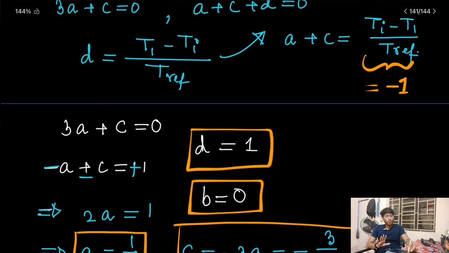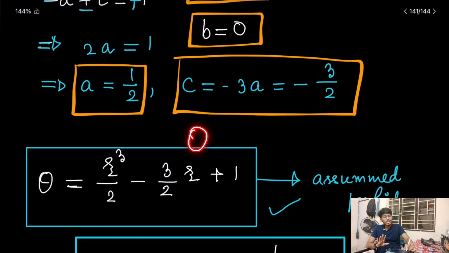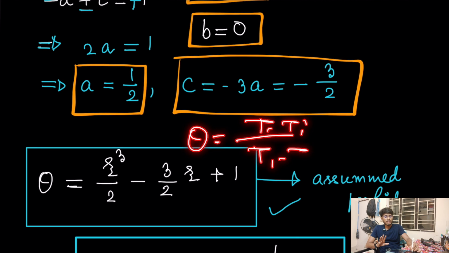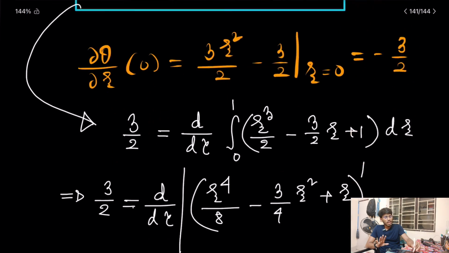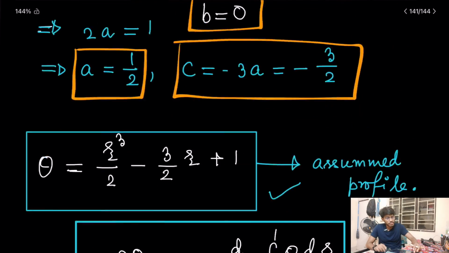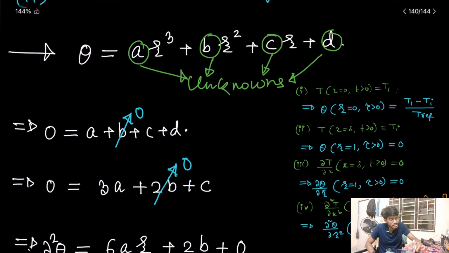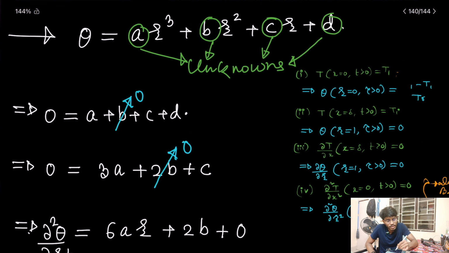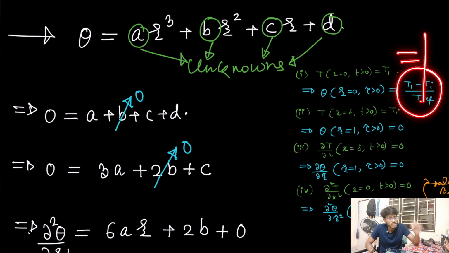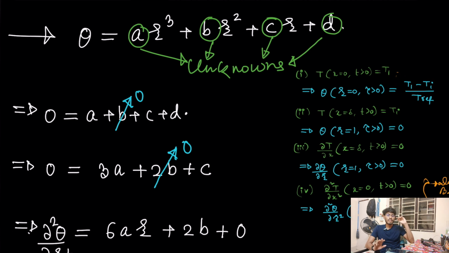Rather, we just want to work with numbers. That is why we define theta equal to T minus Ti by T1 minus Ti. And why T1 minus Ti? To make this number 1 in this boundary condition. Clear?